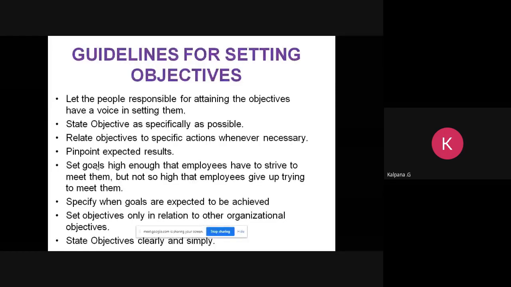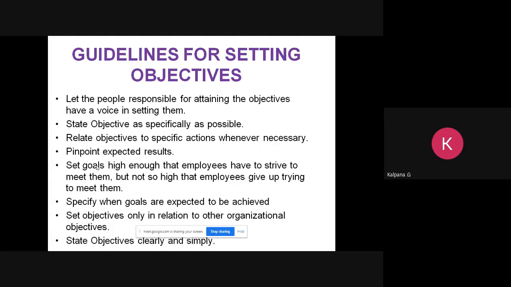Specify when goals are expected to be achieved. This is about the time frame. Then set objectives only in relation to the other organizational objectives. So we should not deviate from the organizational objectives. State objectives clearly and in a simple way.